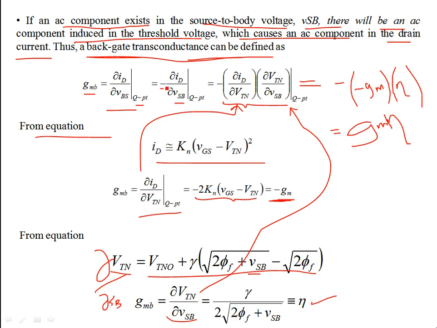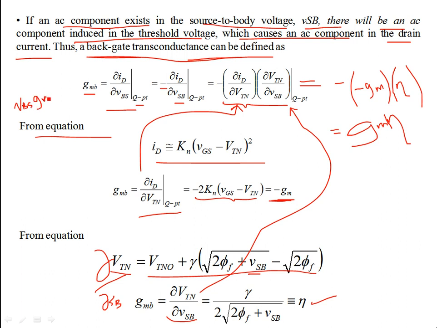The interpretation of the backgate conductance is that it's again a transconductance parameter, which means that due to the AC component between the source and bulk, you have an effect on the current. The AC component VBS is multiplied by the backgate conductance parameter GMB.